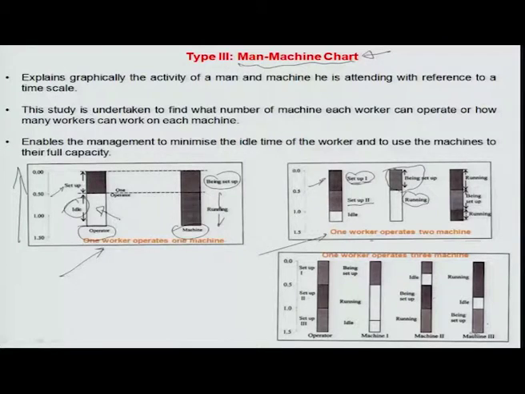Now the worker does not remain idle, because he has to set up another machine. So as you are doing it, machine 1 is already running and machine 2 is being set up, and now you can see that machine 2 starts running here.